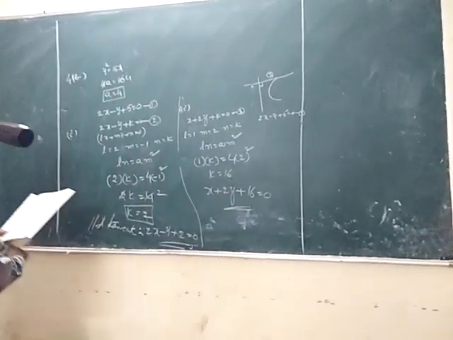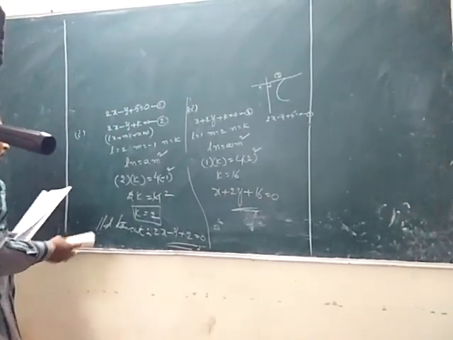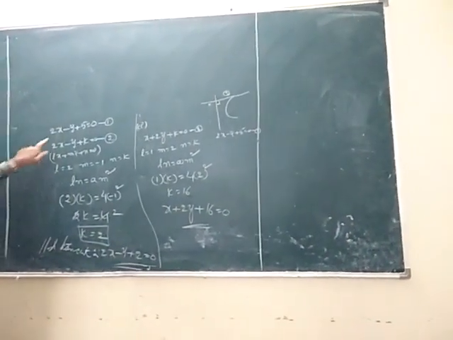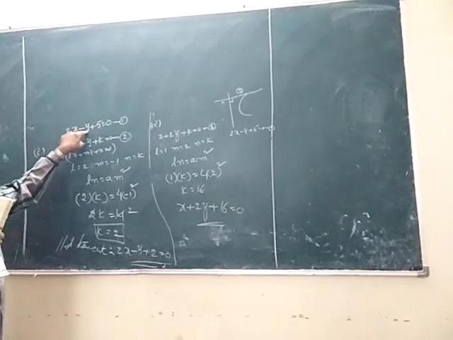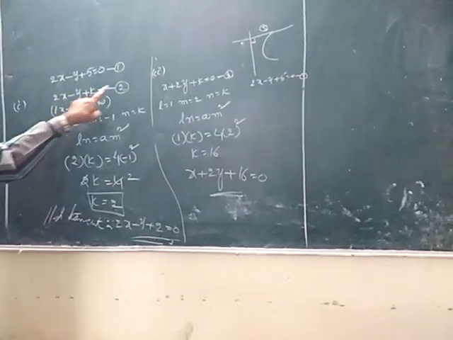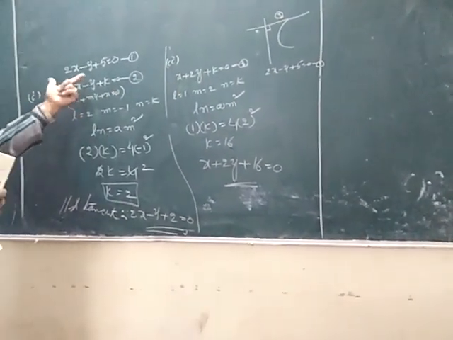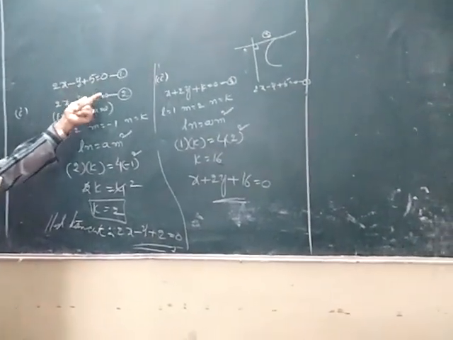Next, listen again. This is the given line. Find the parallel tangent and perpendicular tangent. Parallel line differs by a constant.